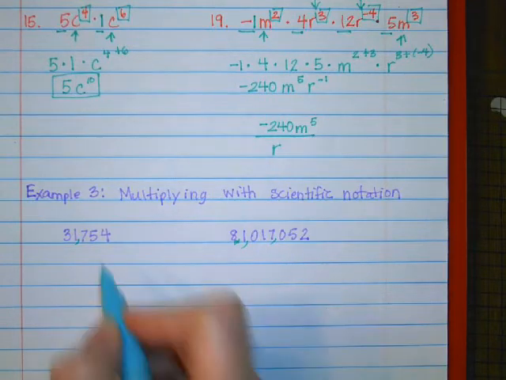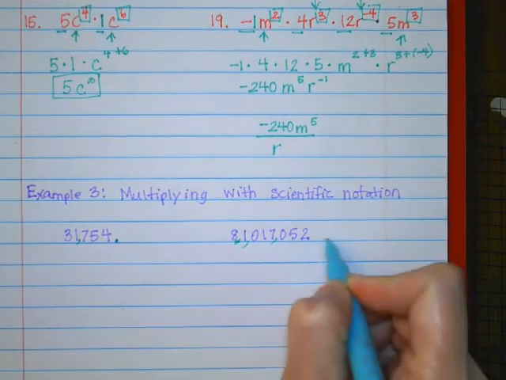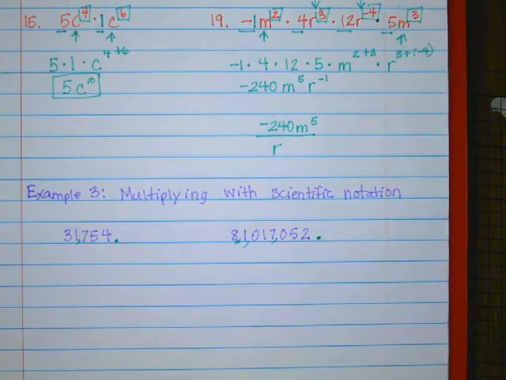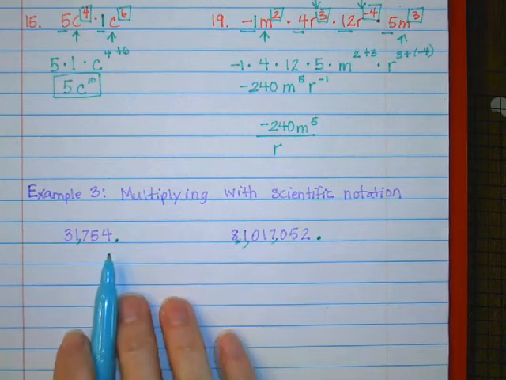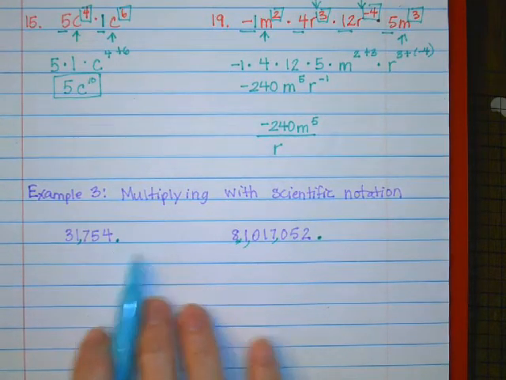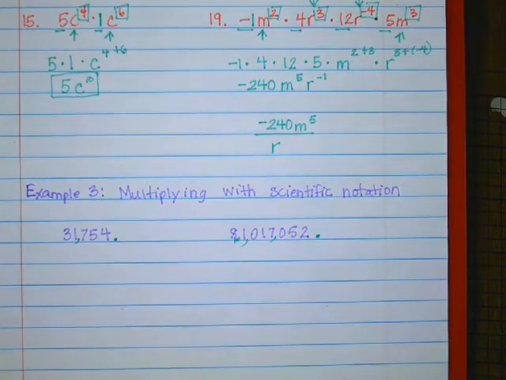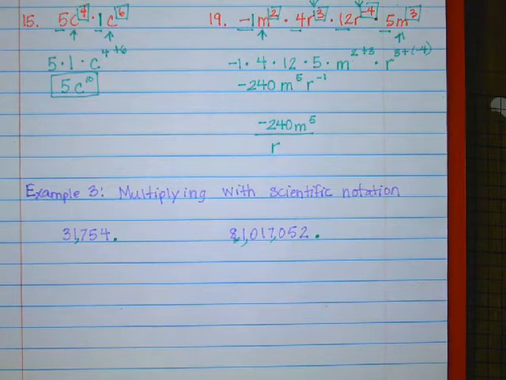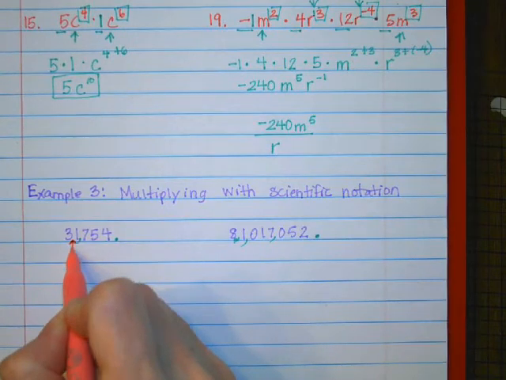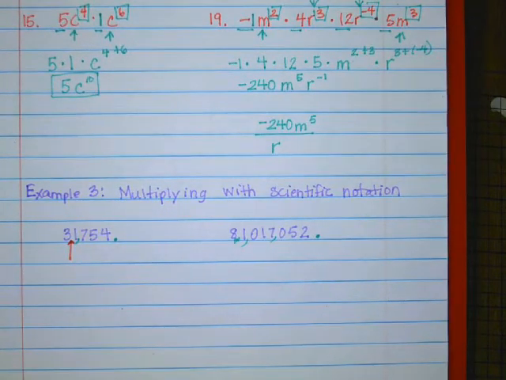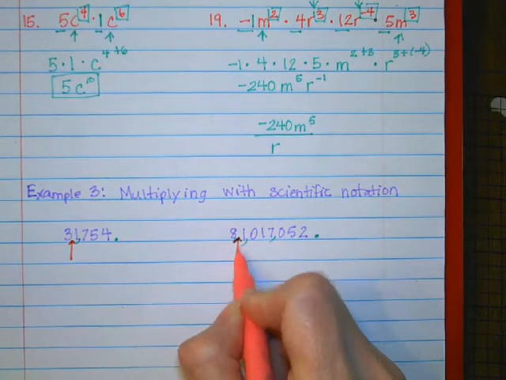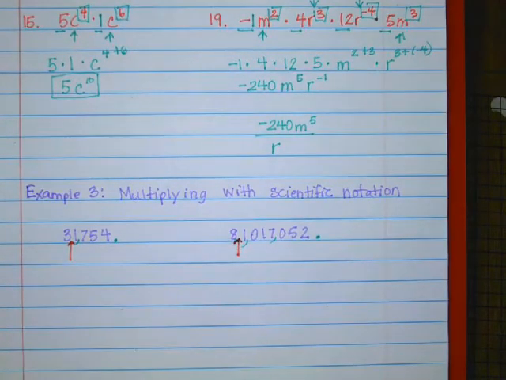So our decimal for each of these numbers secretly hides out here at the back end of every number.